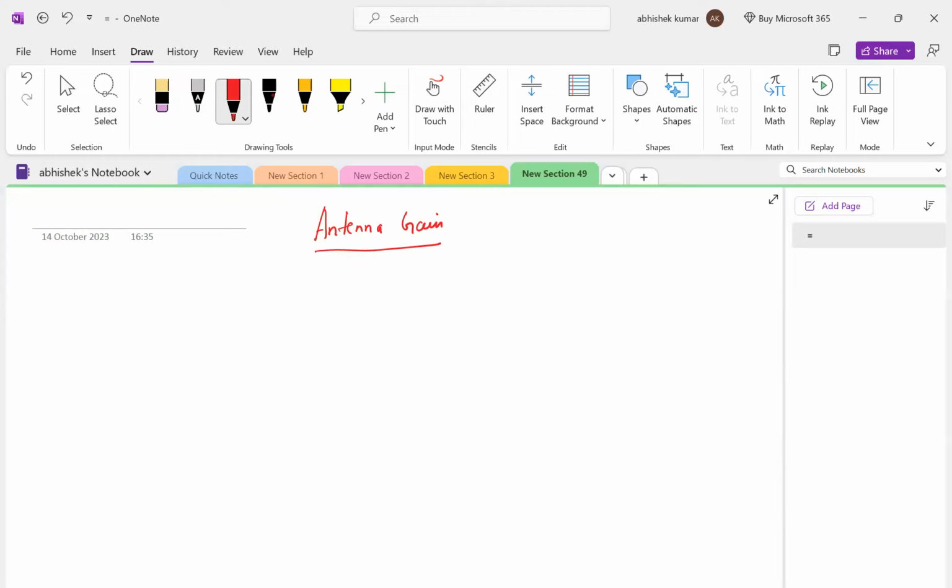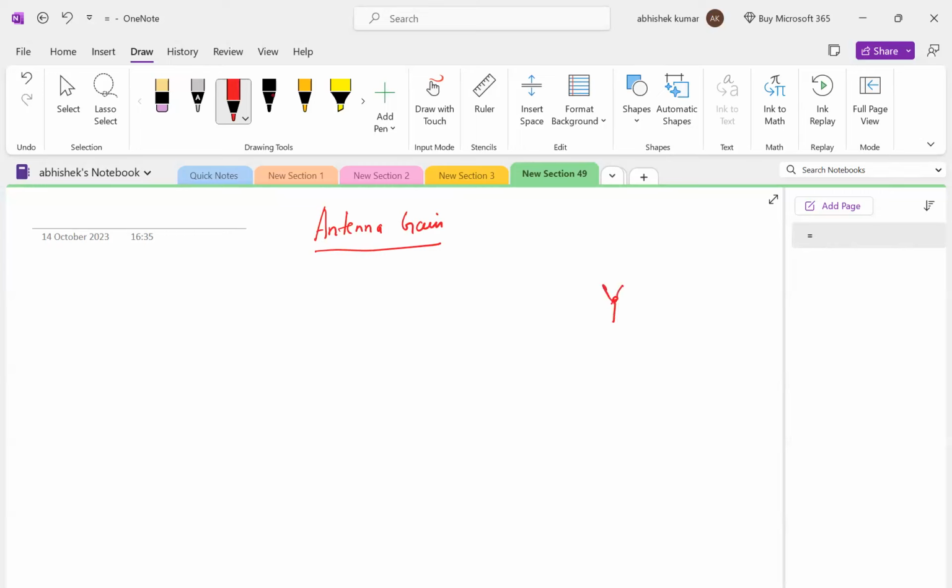So antenna gain, what do you mean by antenna gain? We define antenna gain with respect to an isotropic antenna. First of all, what is an isotropic antenna? An isotropic antenna is an ideal antenna which radiates equally in all directions.